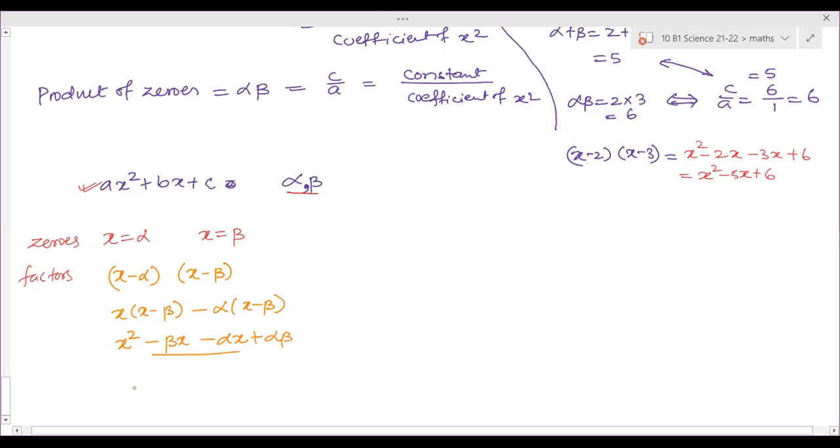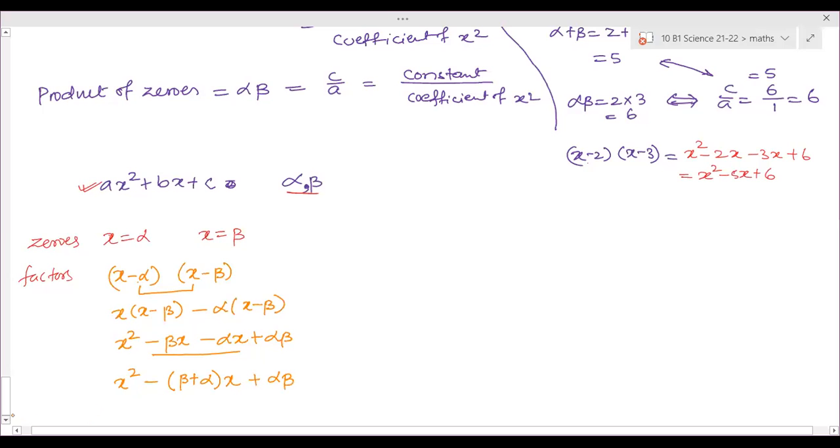You can start with this bracket or this bracket, it doesn't matter. So x square minus (alpha plus beta) into x plus alpha beta.